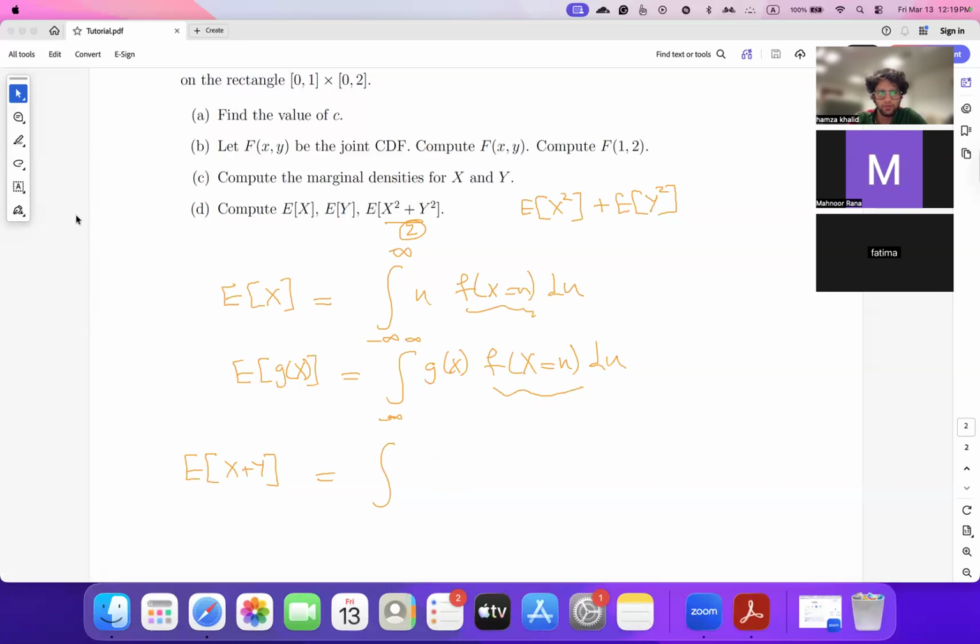So this would just be x plus y, and then the joint PDF, f of x and y, dx dy.